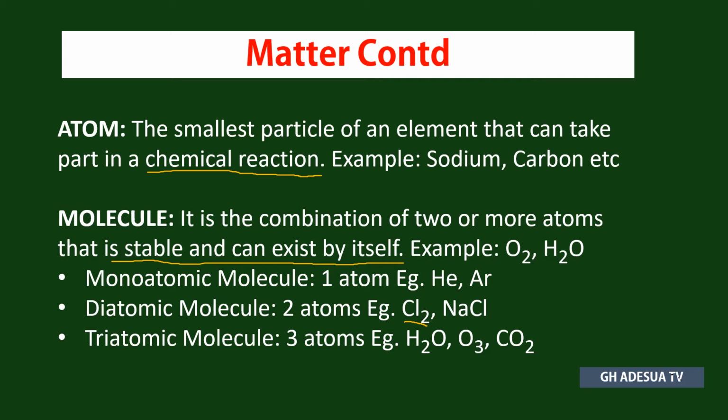Carbon dioxide, CO2, is also triatomic, 1 carbon and 2 oxygens. This gives you 3 atoms, so triatomic. So you should be able to list diatomic molecules, triatomic molecules and monoatomic molecules.